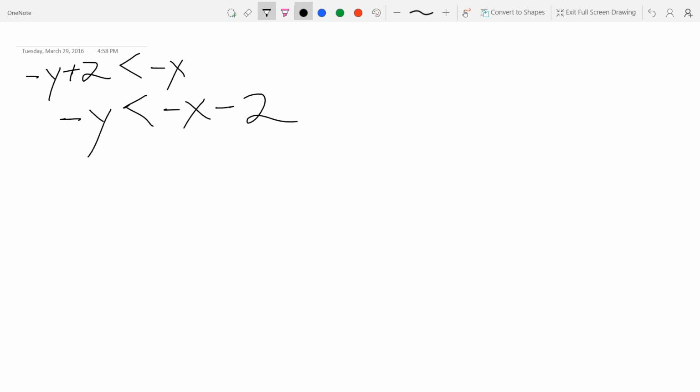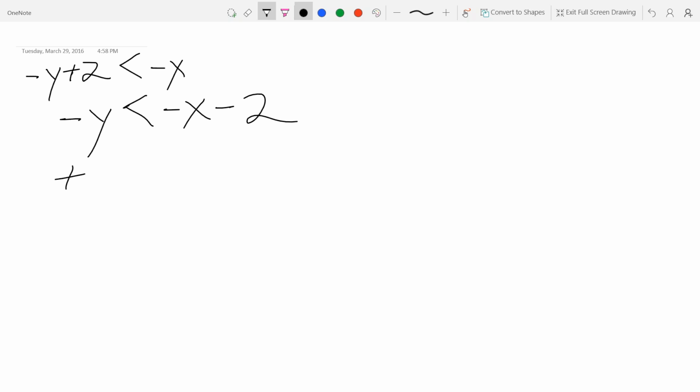What do I have to do to the left side to get it to be y? Multiply it by itself? No. There's a couple of things you could do. I could add 2y, right?